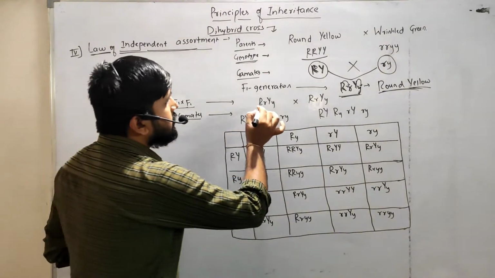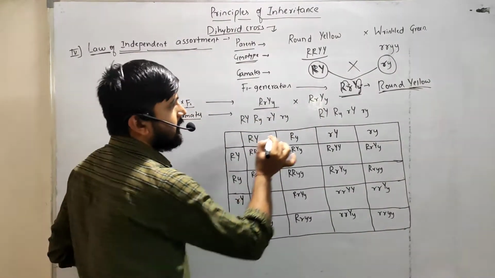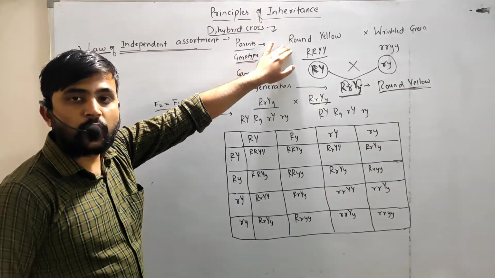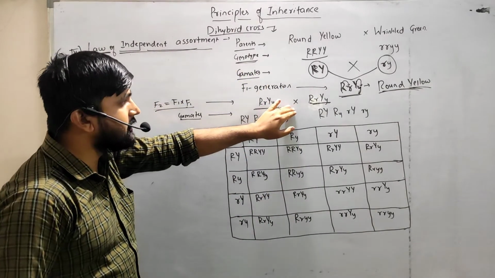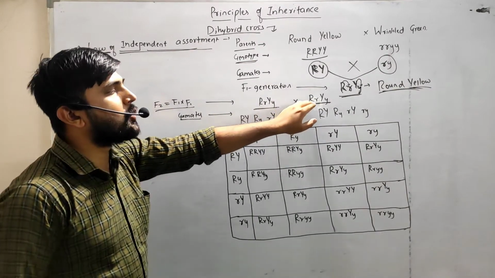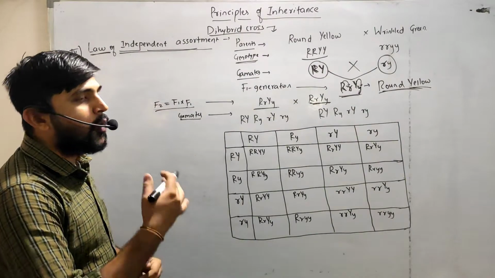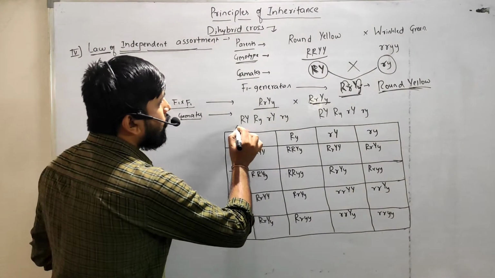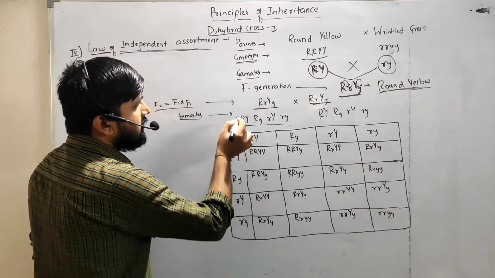This is the F1 generation parents. Earlier the parents were in homozygous condition, but in the second condition the parents are in heterozygous manner. So what will be the possibilities of the gametes? There are 4 possibilities of gametes.